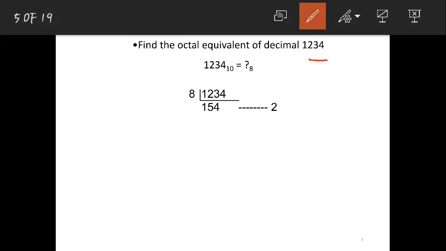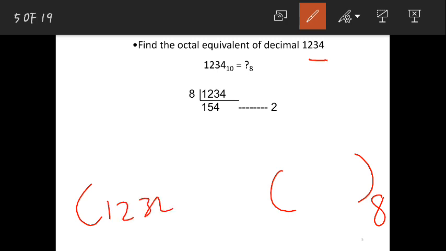I should convert it into octal. After converting, I will get an octal number. Now I have 1234 as a decimal number. Once I get a result, I will write it here. So I am dividing it by 8.